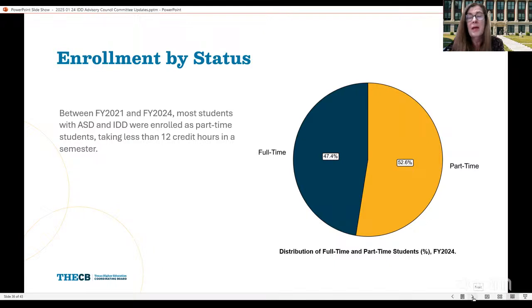When we started our programs, they were more ID, intellectual disability, that was the major population. Now more and more are on the spectrum, and we're getting more male students than ever before. So I really was surprised when I saw there was more female. I was expecting it to be more male.